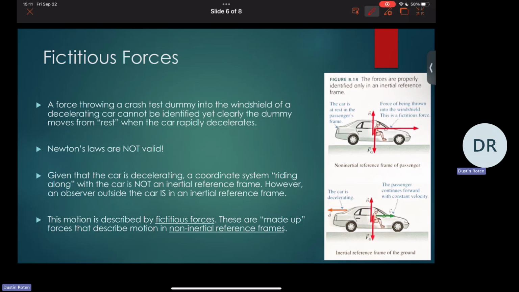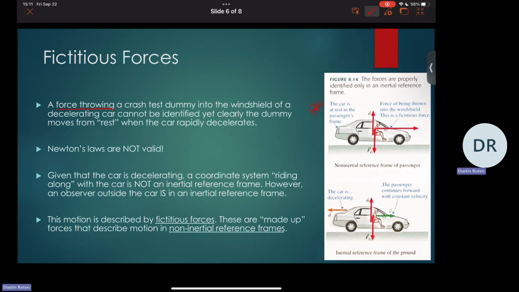So a force throwing a crash test dummy into the windshield of a decelerating car cannot be identified. Now think about that. It looks like there's a force throwing the crash test dummy, as you can see in this first image. It looks like there's a force that's suddenly pushing this crash test dummy into the window when the car stops.